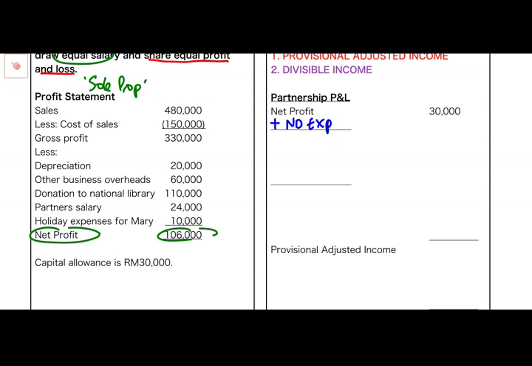So I want you to use that to tell yourself, what we do is we add. Profit, if we add depreciation, we will continue to add. Now, we will continue to add what? Now, I call this partners' entitlement.